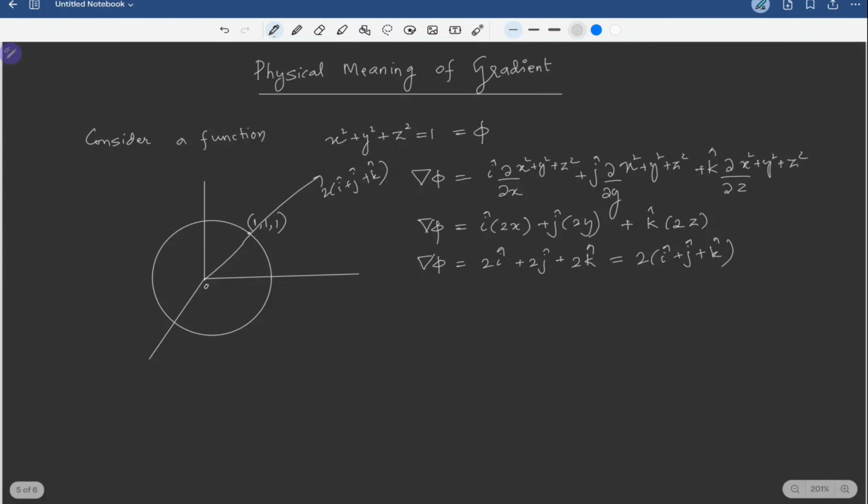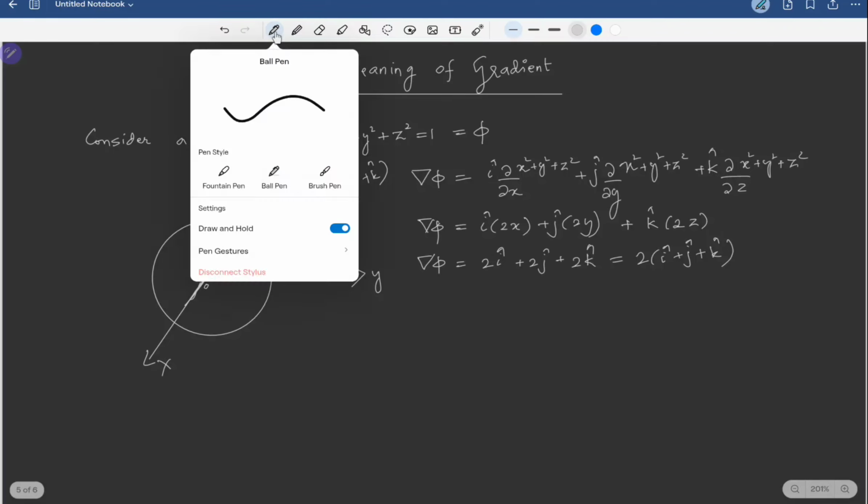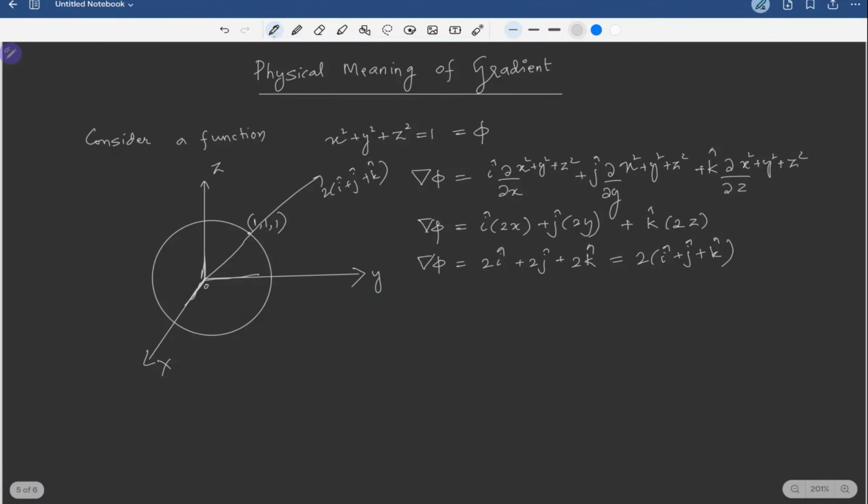You know what I mean, right? If we define the axes, this is the y axis, this is the z axis, this is the x axis. The components are 1 here, 1 here and 1 here. The vector is protruding out of the screen. I hope you visualize it.